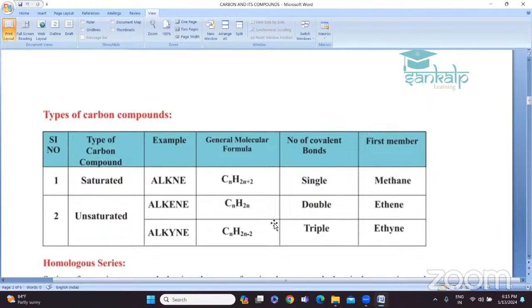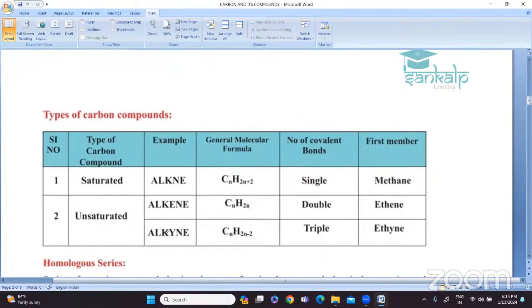Single bonds are present between the carbon atoms, and this class of compounds is called alkanes. The general molecular formula to represent alkanes is CnH2n+2. The first member of this group is methane.